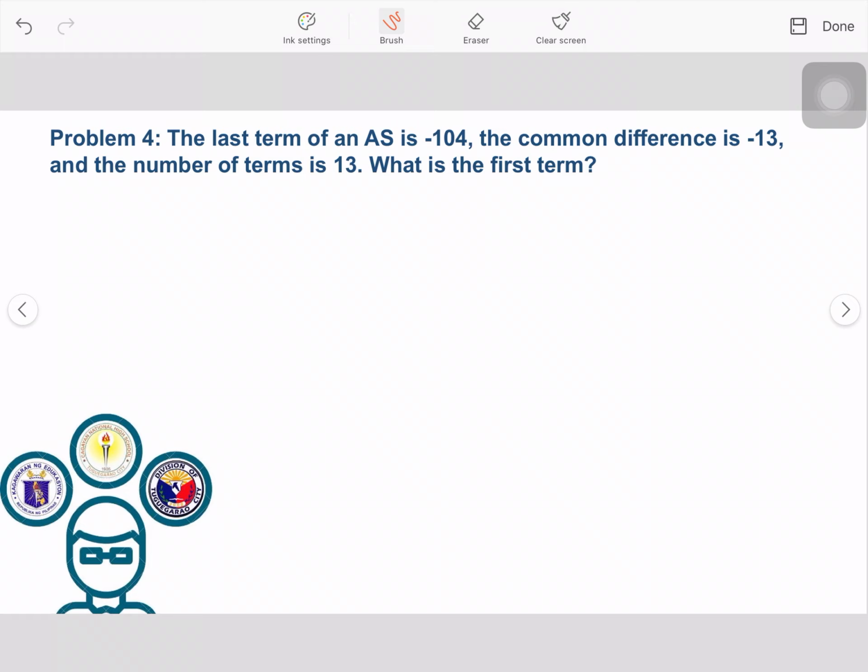Of course, this is an arithmetic sequence, so we have to make use of the nth term of an arithmetic sequence. That's a sub n is equal to a sub 1 plus n minus 1 times d. The last term, it says in the problem, is negative 104.